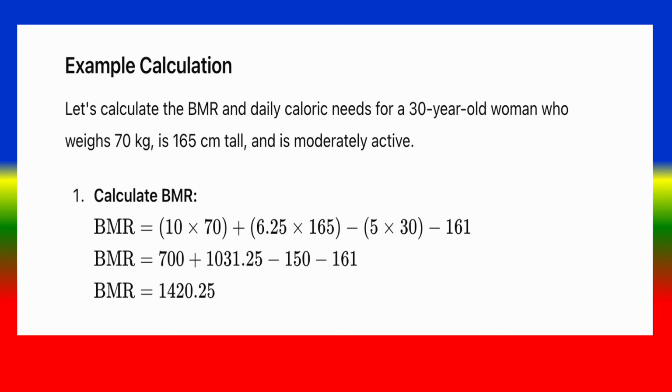BMR is equal to 10 times 70 plus 6.25 times 165 minus 6 times 30 minus 161. BMR is equal to 700 plus 1031.25 minus 150 minus 161. So total BMR is equal to 1420.25.